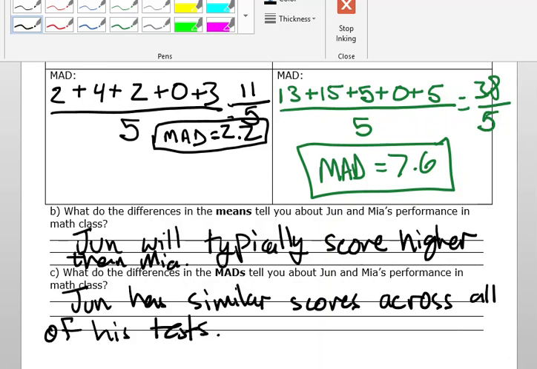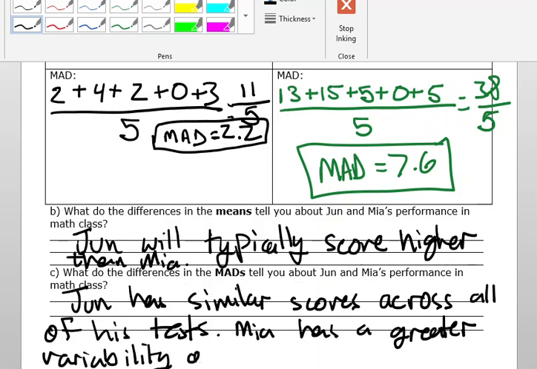And we know that Mia has a greater variability of test scores. Get that down, and then we will take a look at our homework.